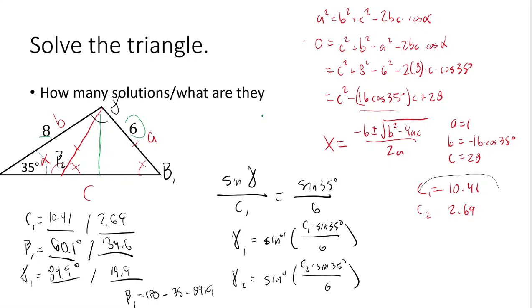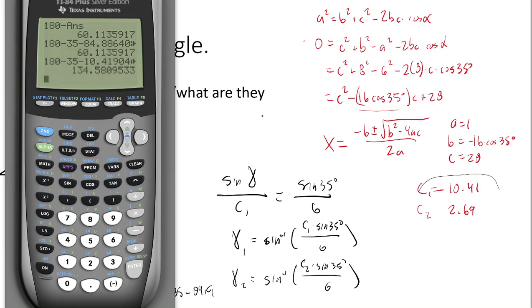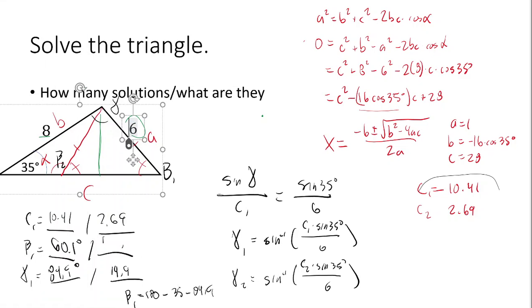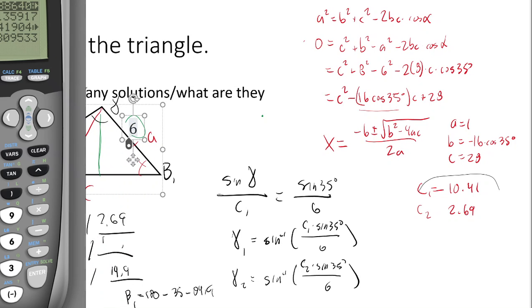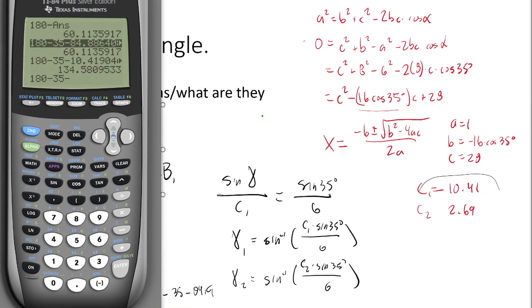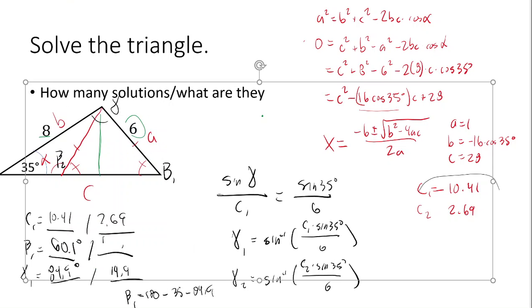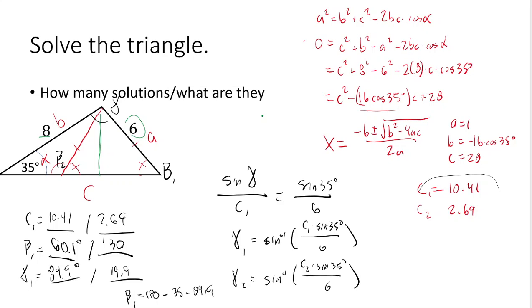Wait, that's the wrong thing too. Sorry, I used a side length there. Okay, we're gonna do this one more time. We're gonna get it right, I promise. 180 minus 35 minus the angle value that we were messing with before, this 14.8. Okay, there we go. So 130.1 is the other possibility for beta.